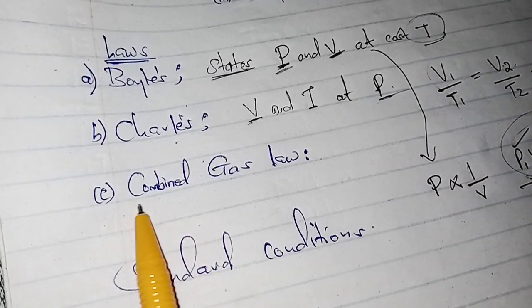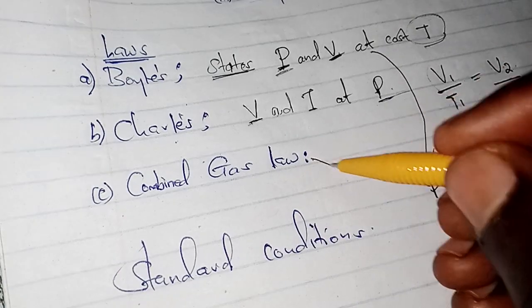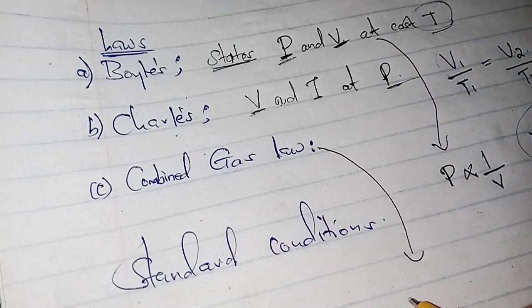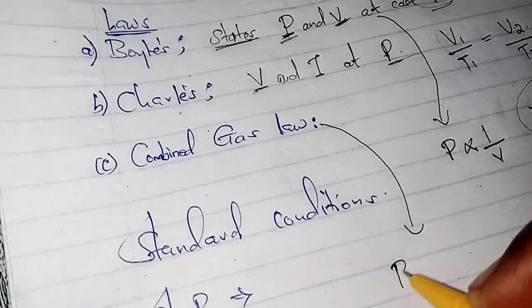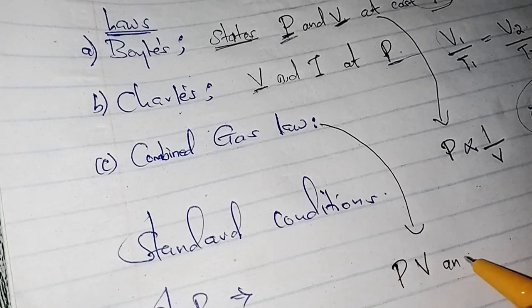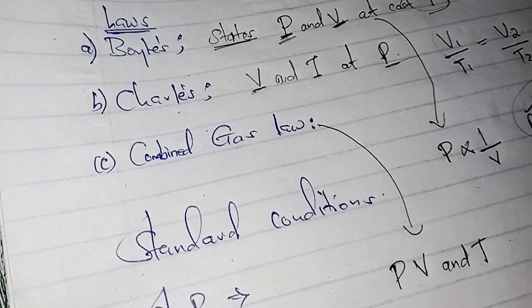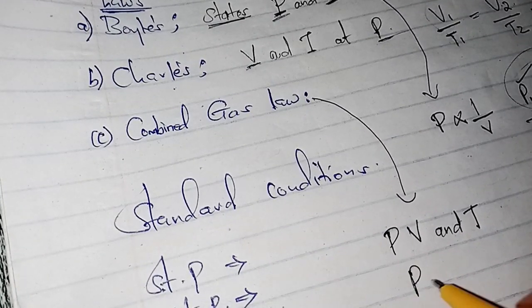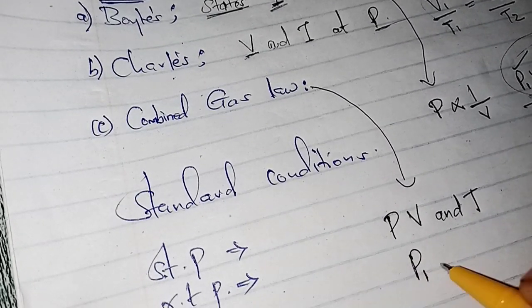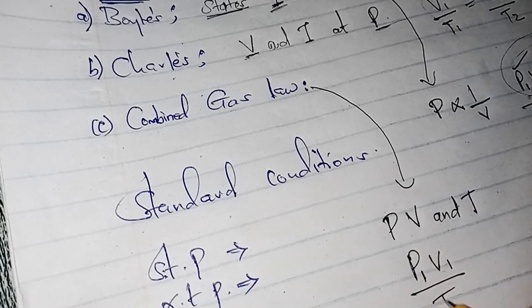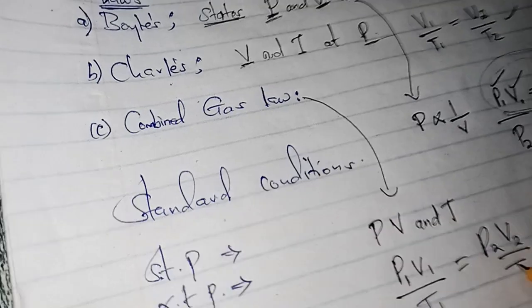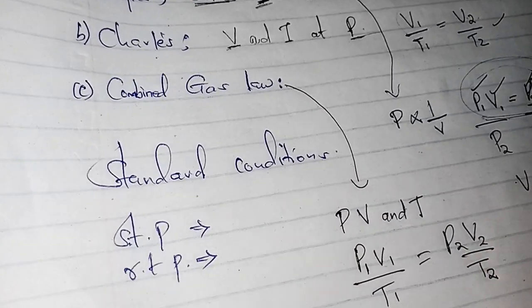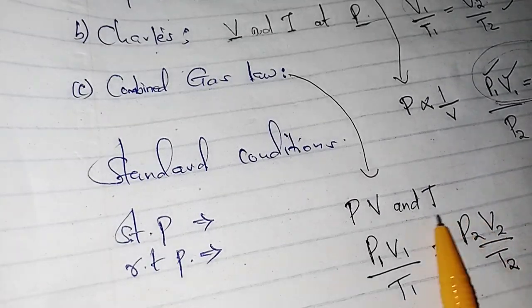For the combined gas law, as the word suggests, it combines all the interrelationships: pressure, volume, and temperature. You will be given that pressure 1 volume 1 over temperature 1 is equal to pressure 2 volume 2 over temperature 2. Again, make one of these quantities the subject of the formula.